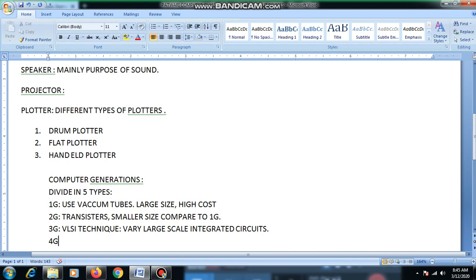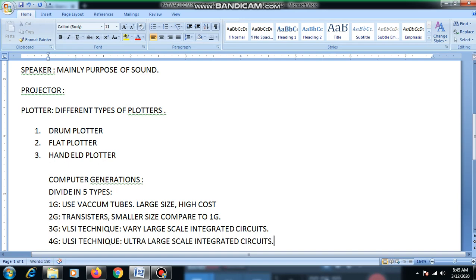Now 4G, ULSI, ultra large scale integrated circuits.